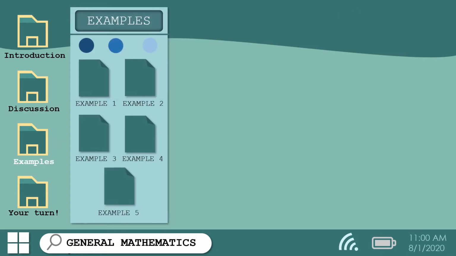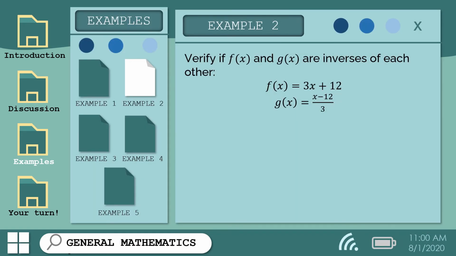So, let's have some example. We have here now example number 2. Verify if f of x and g of x are inverses of each other. Kailangan po natin masatisfy yung ating f of g of x, at yung ating g of f of x. Okay. So, try po natin f of g of x. Ang g of x po natin is x minus 12 over 3.